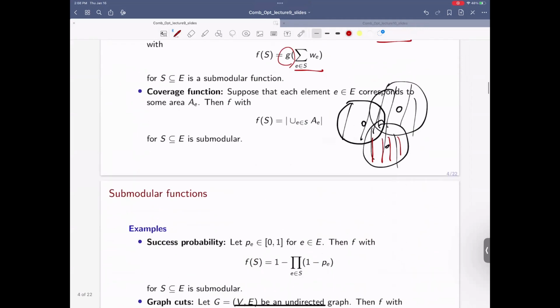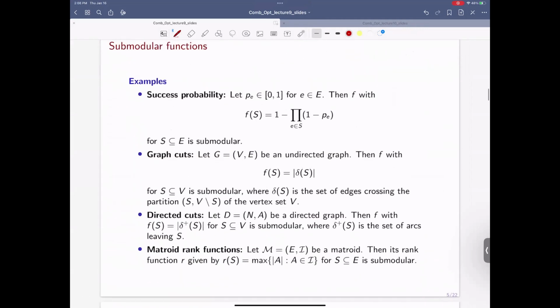This is the third example. And also success probability. It's relevant to the weapon target assignment we talked about for online bipartite matching. You have an enemy aircraft, and I have missiles, and I launch a missile, and let's say there's a probability of destroying this aircraft.